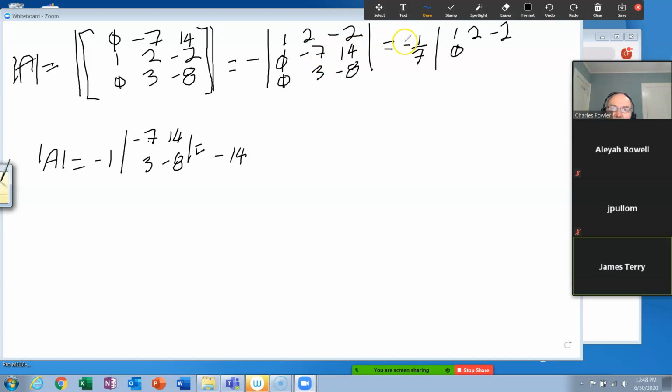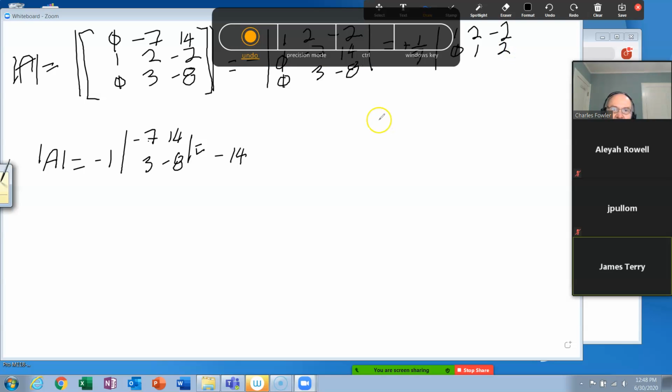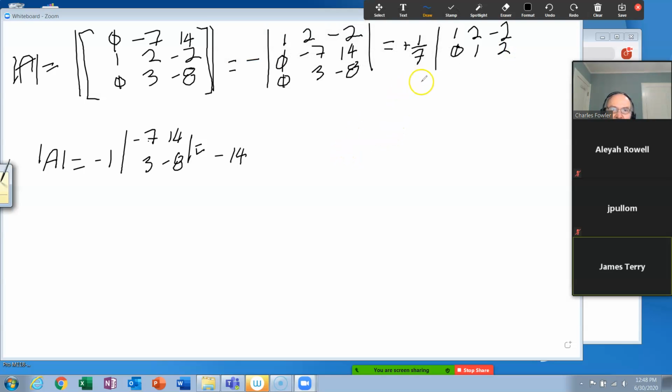Okay, so then the minus will then make that a plus. And then that would be a 1 and a minus 2. Agreed? That'll go away in a minute. And then we'll just write down the third row. 0, 3, negative 8.